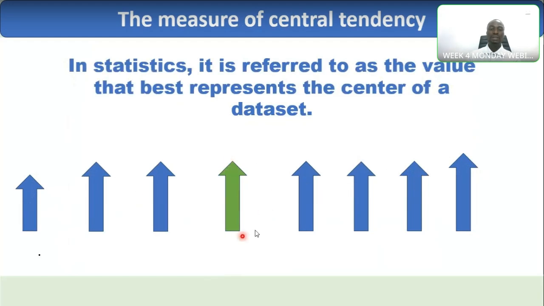The height of this one can be used to represent the whole height of the values here, of the arrows here. Even though this particular arrow is taller than this, and this one is shorter than it, yet this arrow is representative of the ones here.